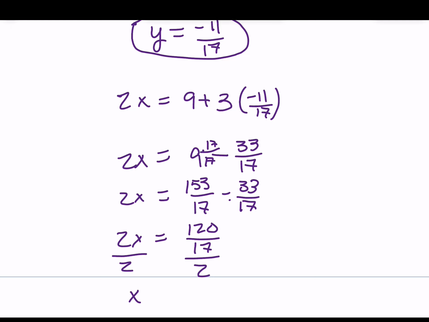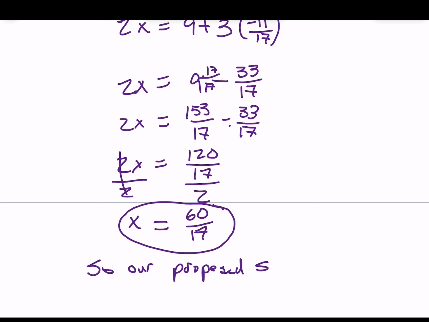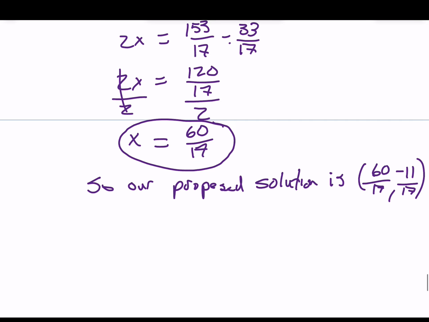Divide both sides by 2, and you get x is equal to 60 over 17. Now that, like I said, much more complicated looking problem. So our proposed solution is the point 60 over 17, negative 11 over 17.